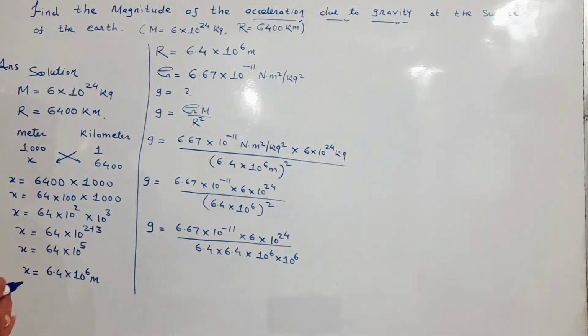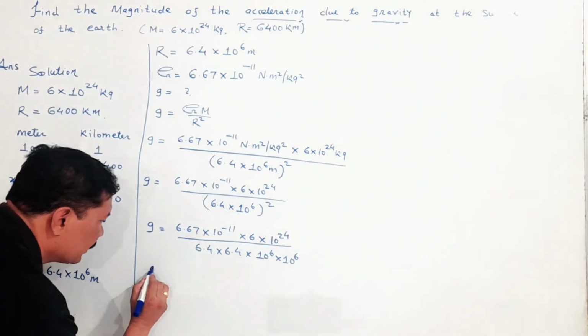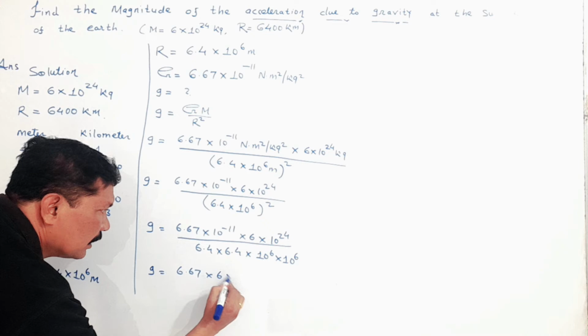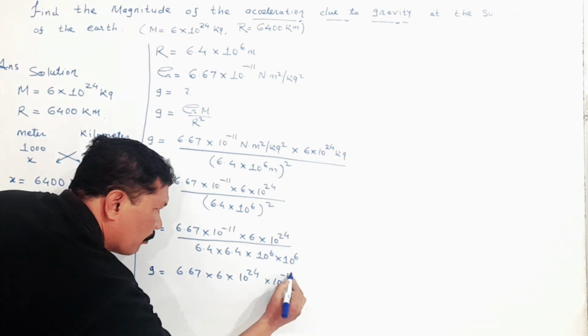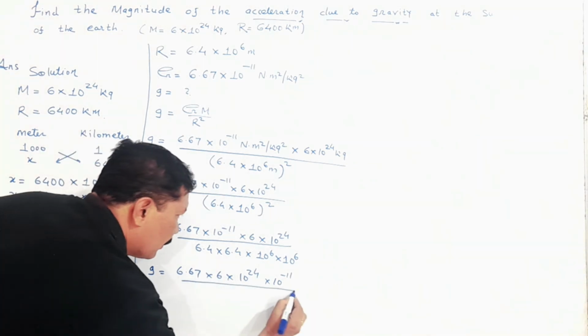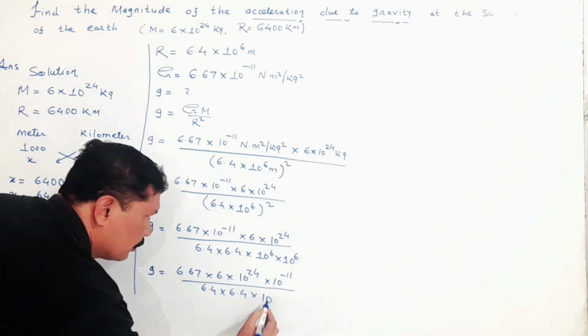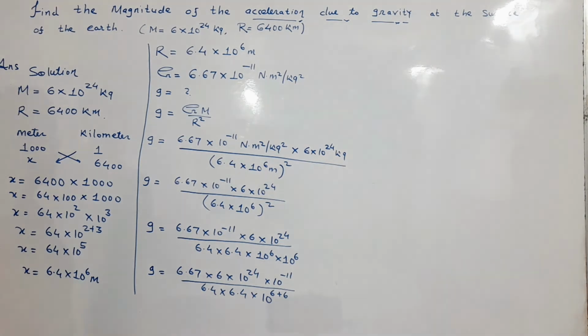Now my dear student, in order to make the calculation easy, we will arrange the values in such a way that we will take 10 to the power notation to the one side and make the step simple. g is equal to 6.67 into 6 into 10 to the power 24 into 10 to the power minus 11 upon 6.4 into 6.4 into 10 to the power 6 plus 6 we can write.